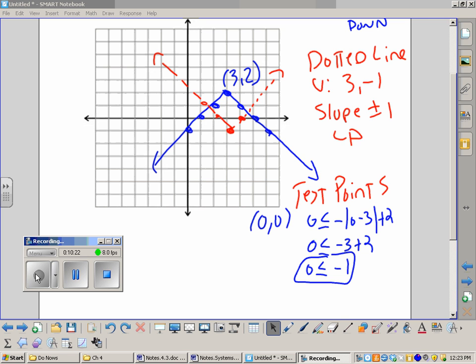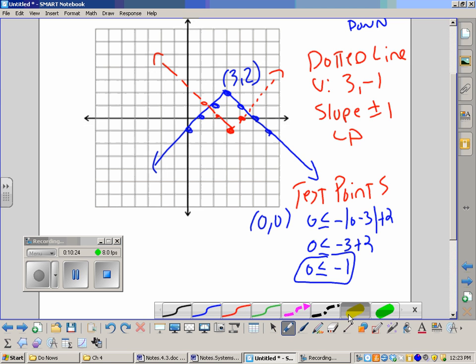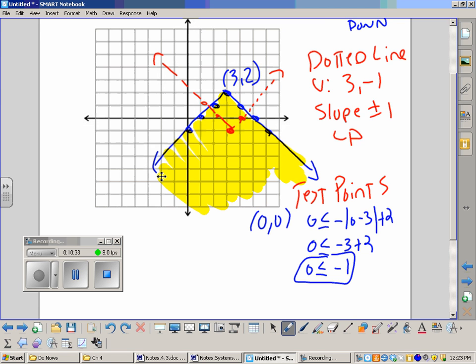So I actually want to shade not including 0, 0. I'm shading underneath the blue absolute value because 0, 0, which I'm going to put in green, was over here. Since 0, 0 was above the absolute value graph and we got a false statement, we are not going to shade 0, 0.